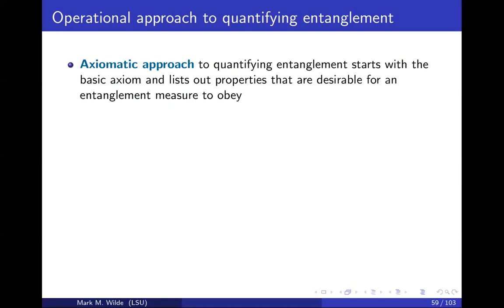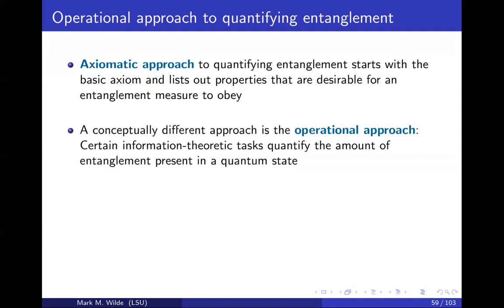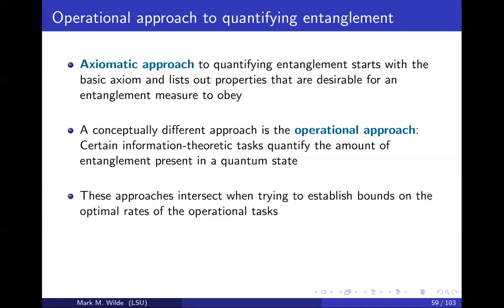With the axiomatic approach, we start out with the basic axiom, and then we listed several properties that are desirable for an entanglement measure. A different approach, but one that ends up having relations to the axiomatic approach, is called the operational approach. What we do is we come up with information processing tasks that end up quantifying the amount of entanglement present in the quantum state.